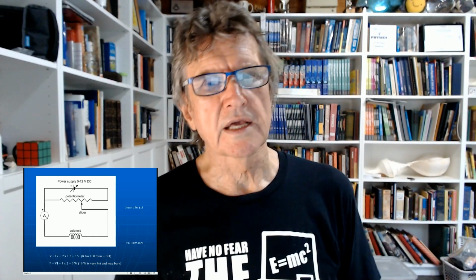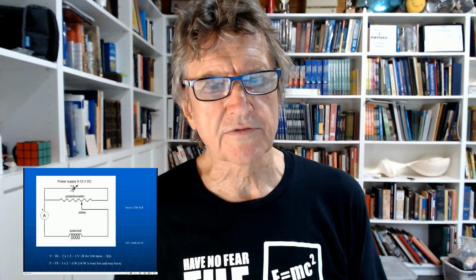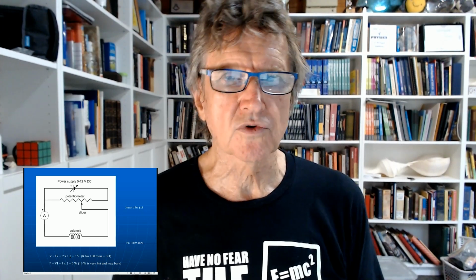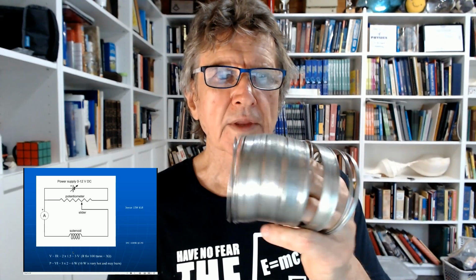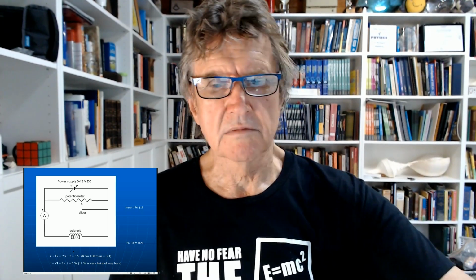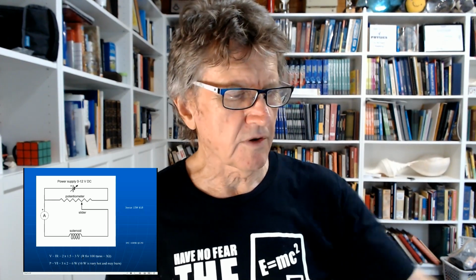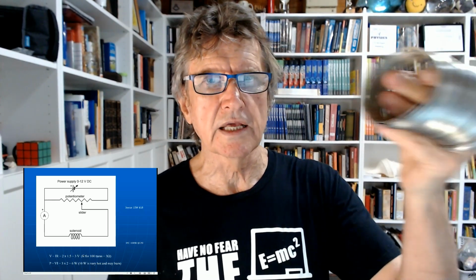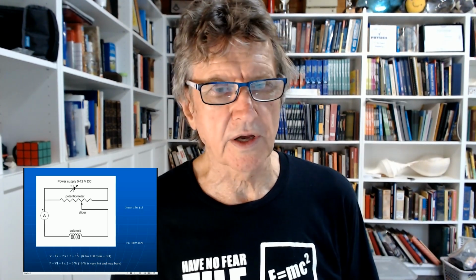Now, the thing is, look, at the bottom I've got here, V equals IR, so I want a current of 2 amps. The resistance for 50 turns of this slinky is about 1.5 ohms. I've said here, if I measured the resistance of this whole slinky, it's about 3 ohms.